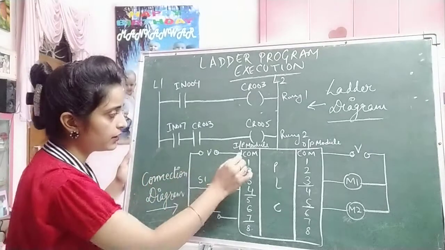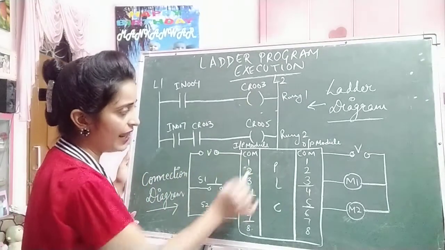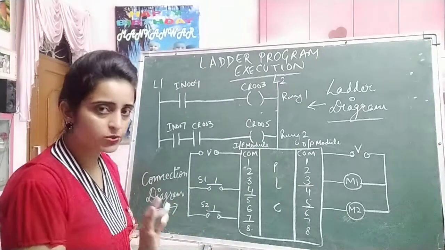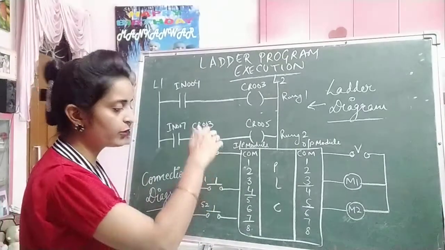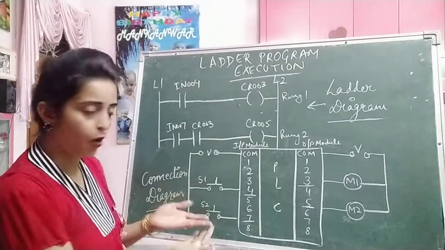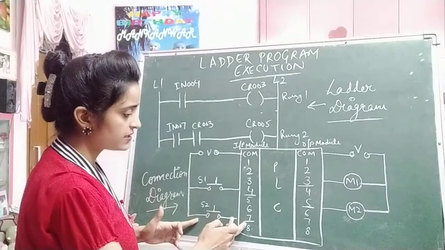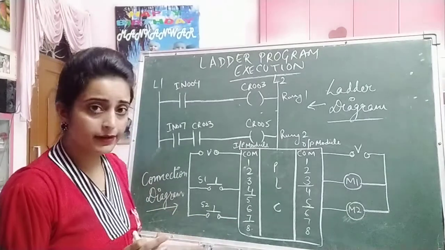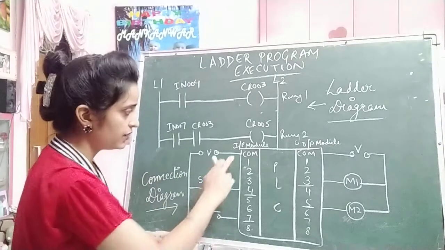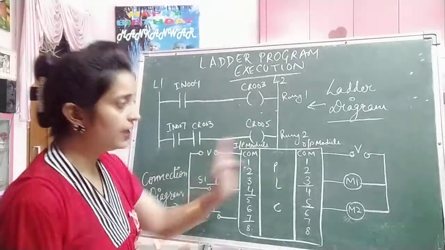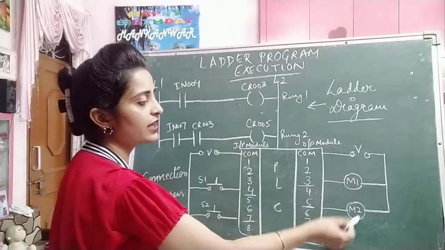We want a connection at terminal number 4, where one switch named S1 is connected. It is a push button switch. Whenever we push the switch, it will get on. Whenever we release it, it will get off. Similarly, at position number 7 we have another switch. Both switches are connected to the common terminal, and at the output side we have, for example, 2 motors.